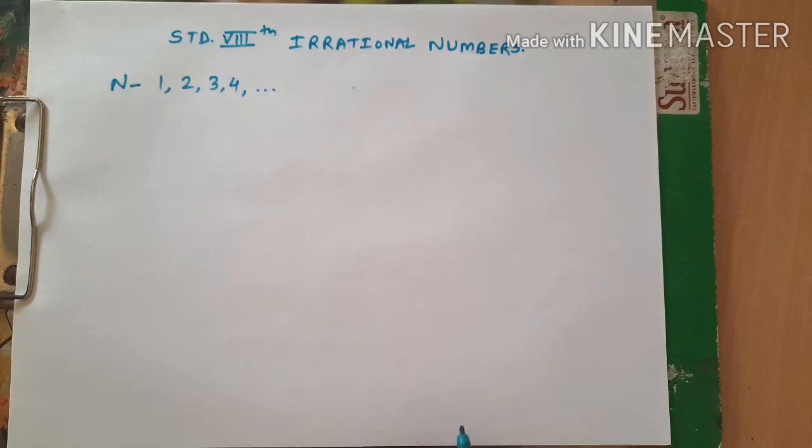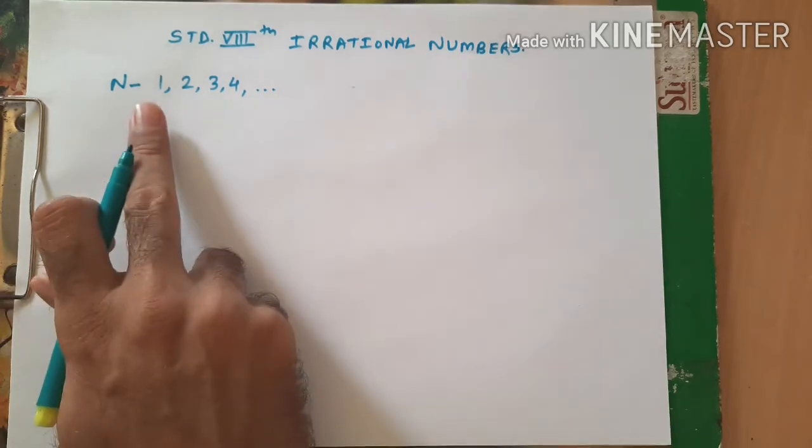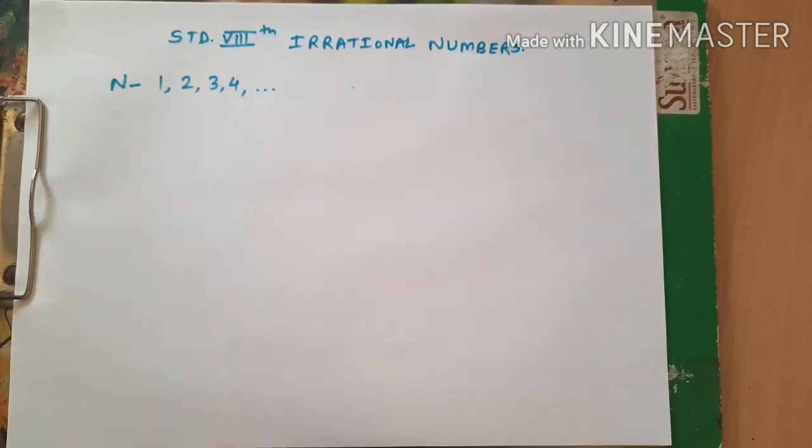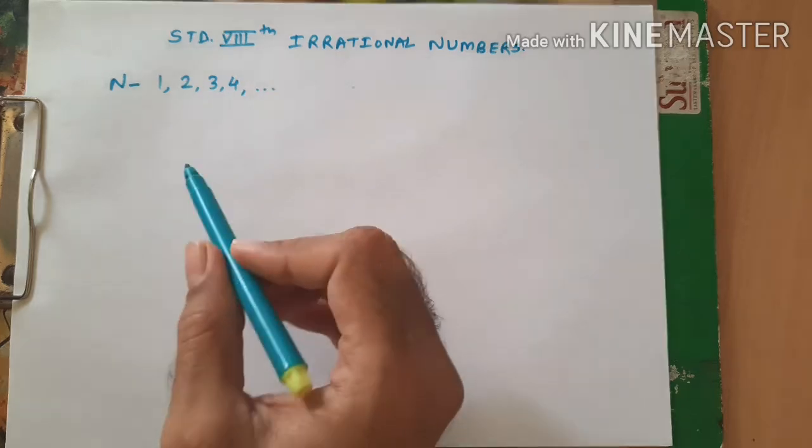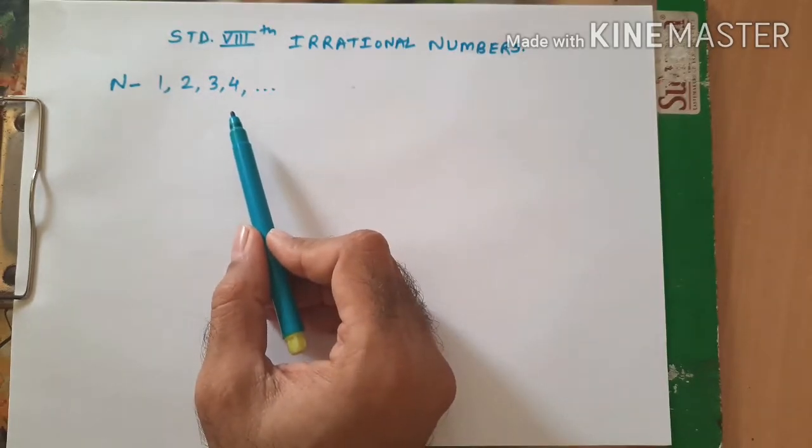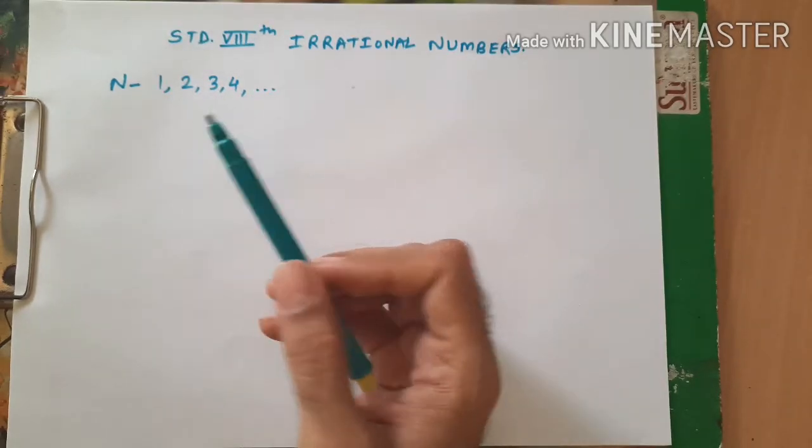These are infinite numbers, means they will go on and on. We don't know the greatest number in natural numbers. The smallest number in natural numbers is 1. These are also called counting numbers.